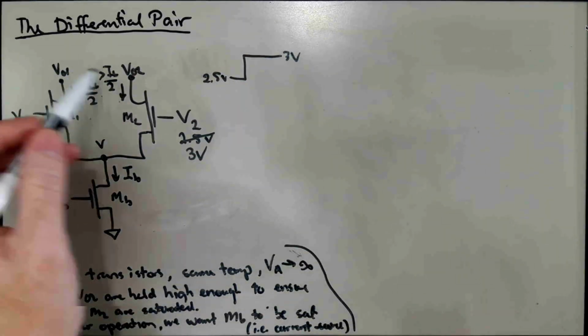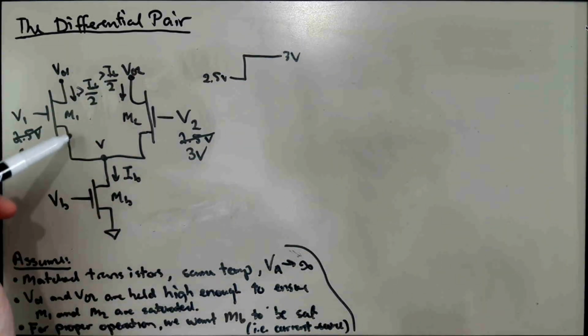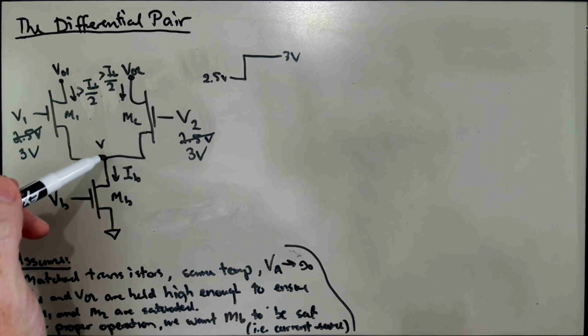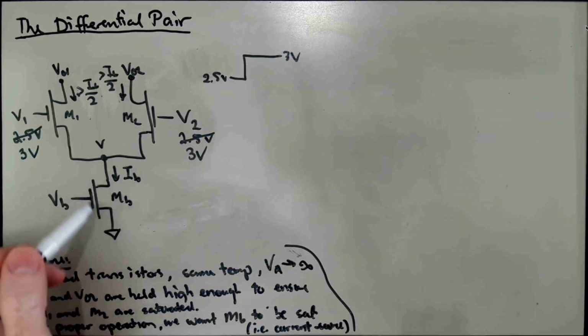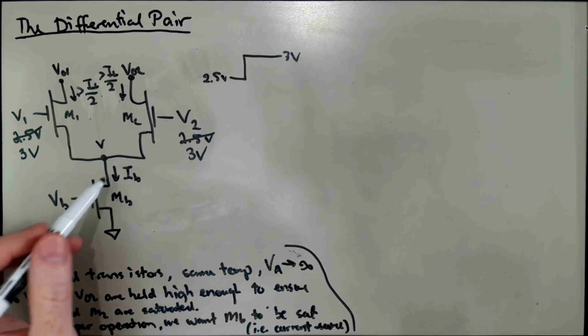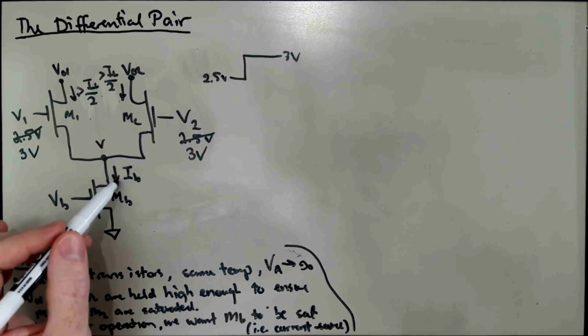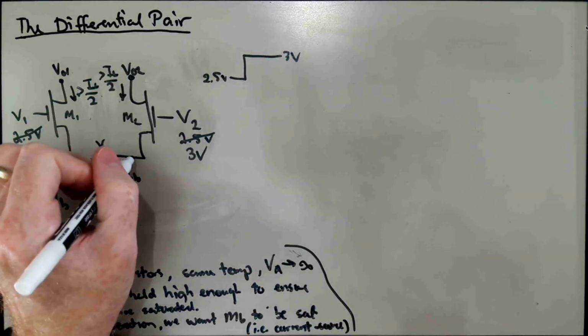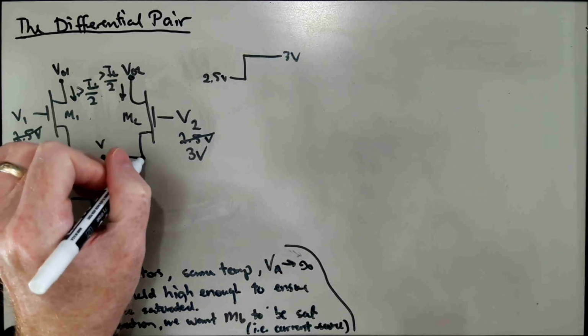So we have more current than IB flowing onto this node. This is operating like a current source, and so it's going to be sinking IB from this node. So the question is, where does that excess current go? Well, the answer is into a parasitic node capacitance.